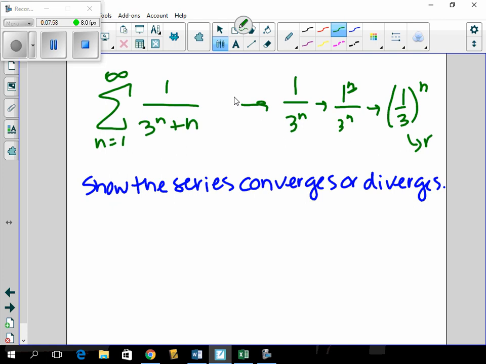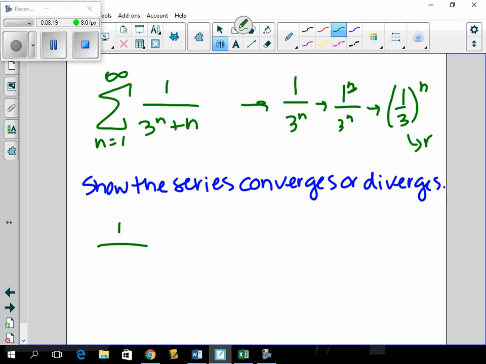So I know that this series (1/3)^n converges, and so what I'm going to try to do is prove every term in my new series is less than that term in my convergent series. And so I'm going to start first by listing out the terms of my new sequence.